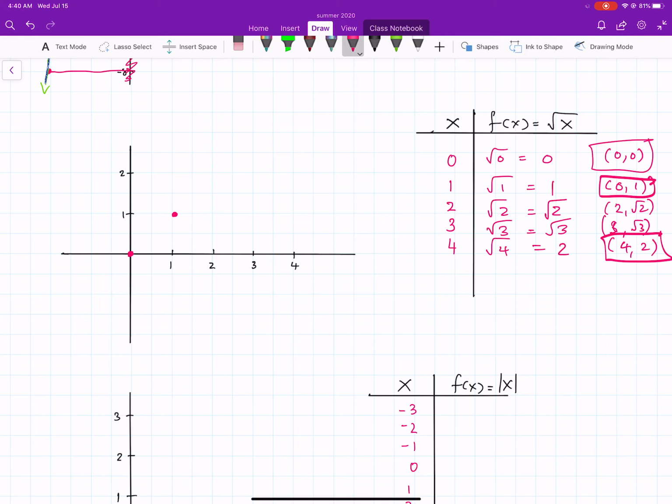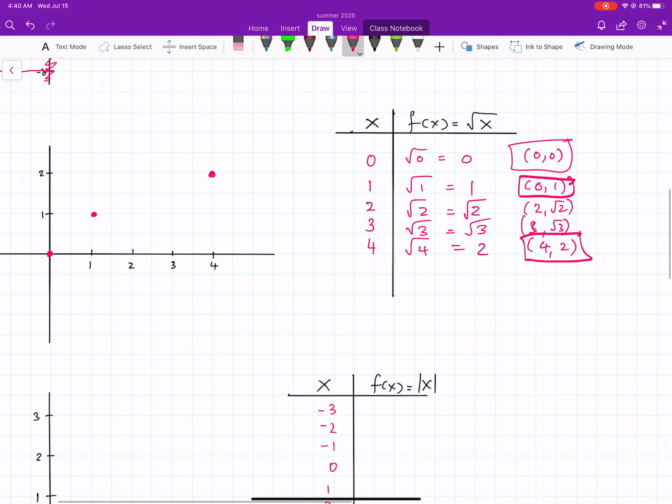And then I got 4 and 2. The square root of 2 and square root of 3 are between 1 and 2. Can't really locate it unless I use my calculator. But I know that it's in between 1 and 2, so the graph will look something like this and continue in that manner.